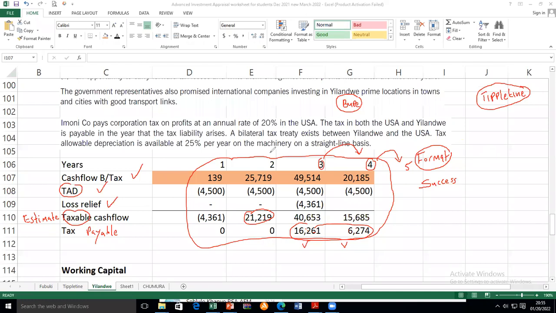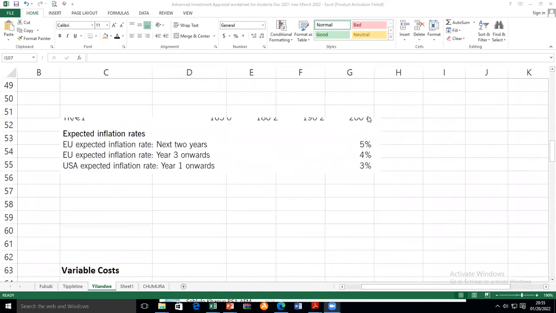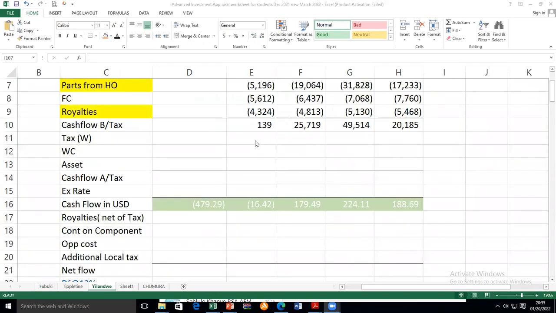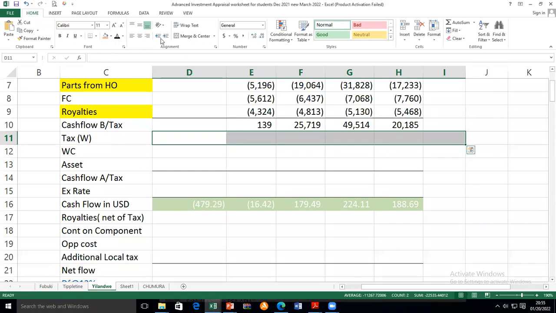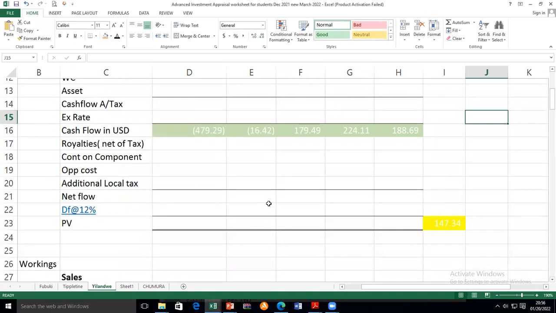Okay, so with this now we are armed with all our knowledge. Now you can say, okay, so now we can just come here and put in your figures. Where are your figures? The figures now are here. There we are. Working capital.